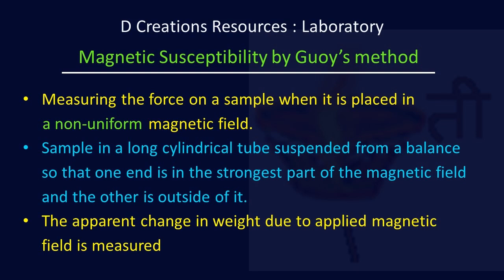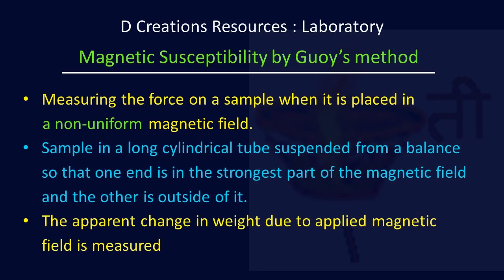Or in simple terms, if we have a paramagnetic sample which is attracted towards the external magnetic field, then there is going to be an increase in the weight, while if the sample is diamagnetic, there is going to be a decrease in the weight.